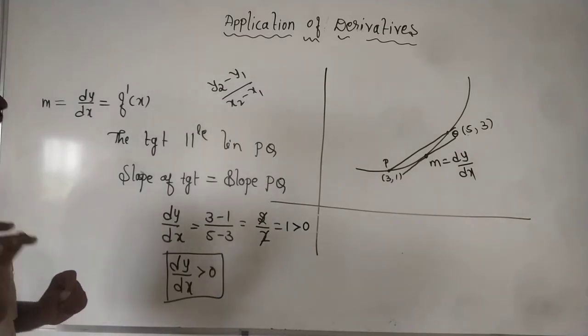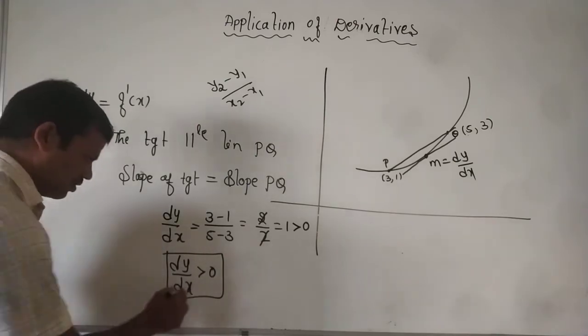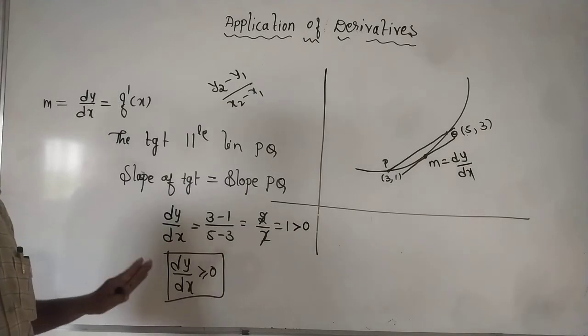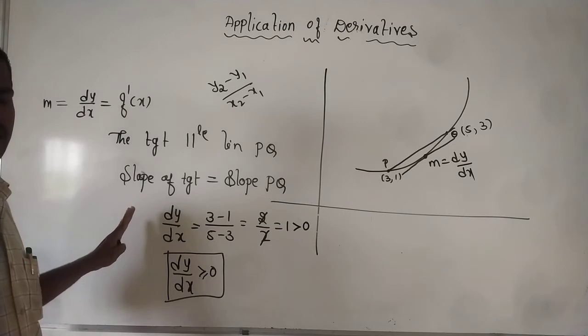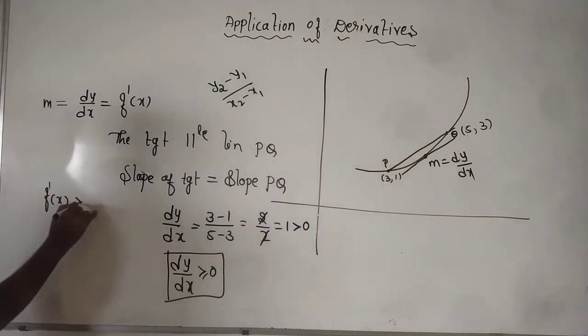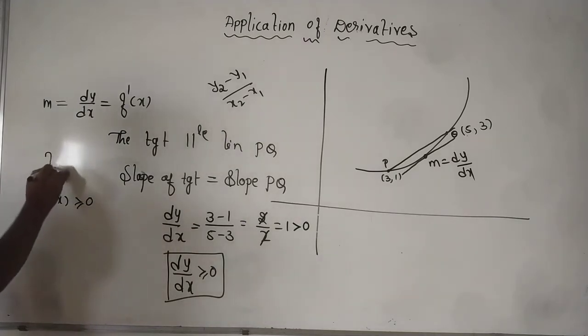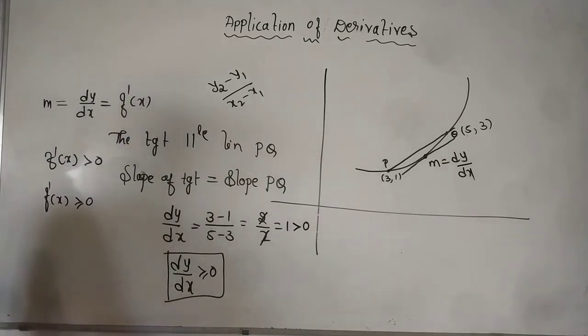The function increases. When does it increase? When f dash of x is greater than or equal to 0, the first derivative must be greater than 0. Then we say the function is increasing. Simply we call it an increasing function. If f dash of x is strictly greater than 0, we call it strictly increasing.